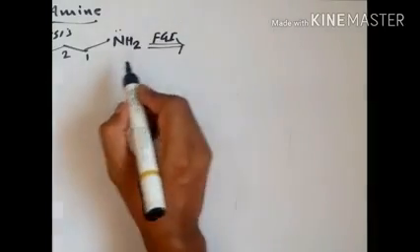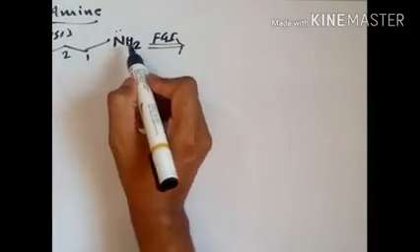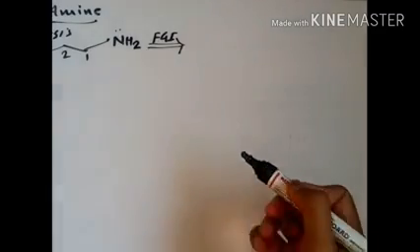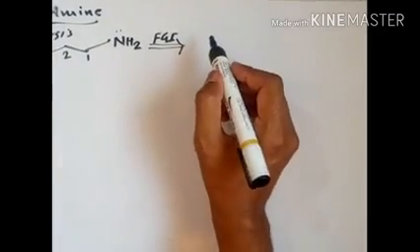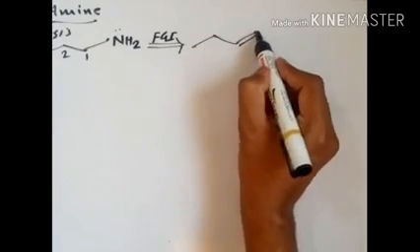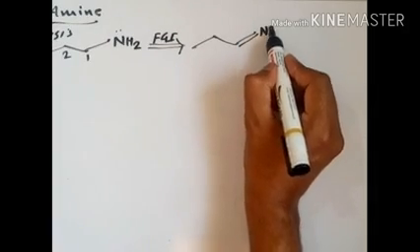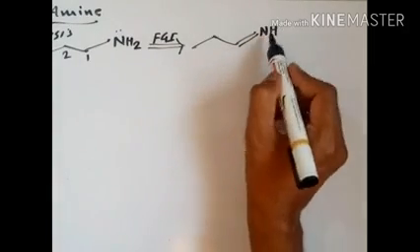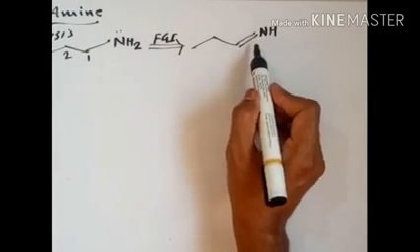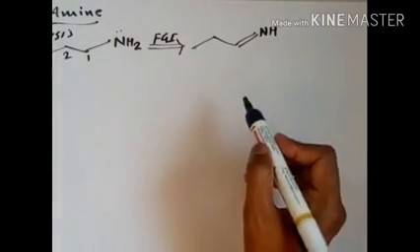When we do the FGI, the amine is converted into the imine. The imine is formed by the reaction of the carbonyl group with NH2, by the elimination of water. Here we get a molecule with a double bond and NH. This functionality, carbon double bond nitrogen, is called the imine functionality.